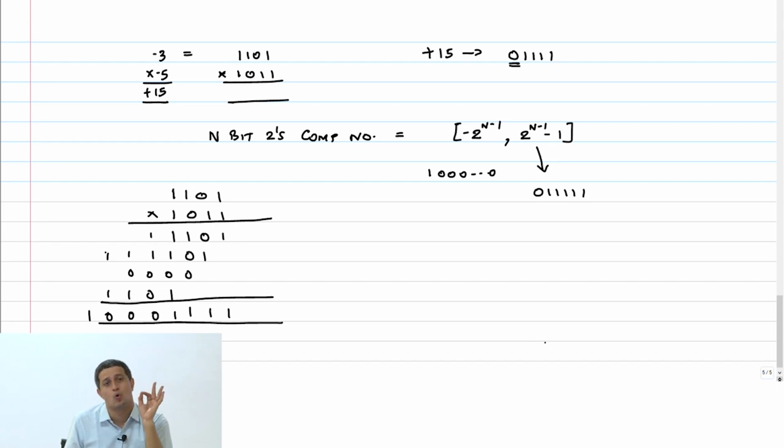That will change the value completely. So to say that the first partial product is equal to 0, 0, 0, is it right? What should I do? You have to do what is known as sign extension to get this right.